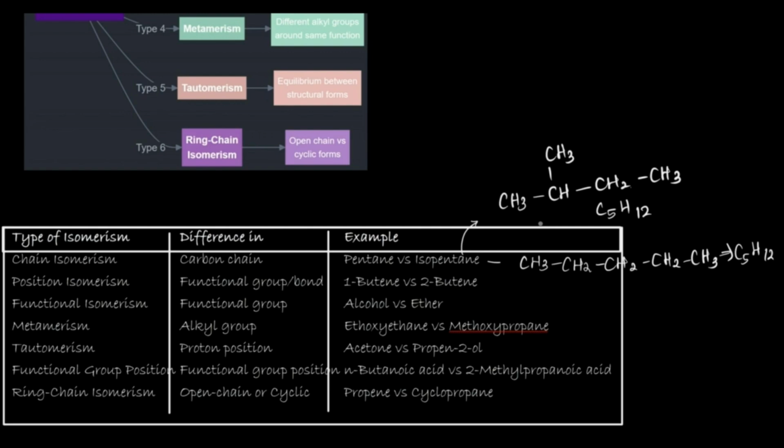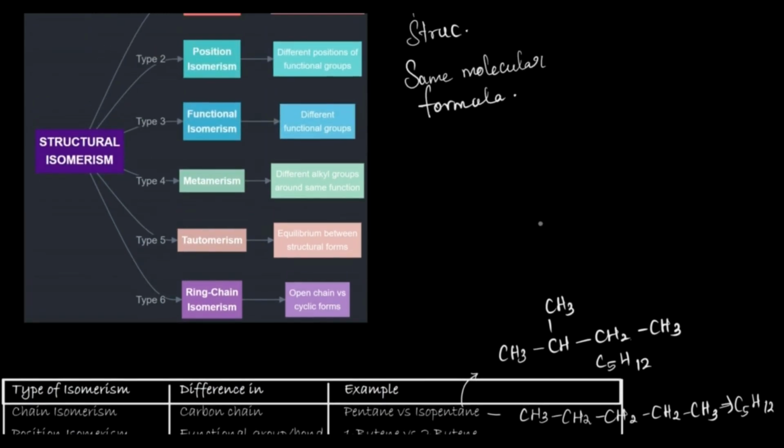Okay. So second part, that is position isomerism. That is having different positions of functional groups. That is very important. Different position of functional group. Let's say I'm having a functional group of alcohol which is attached in second position. CH3, CHOH, CH2, CH3. What is this? 2-butanol.